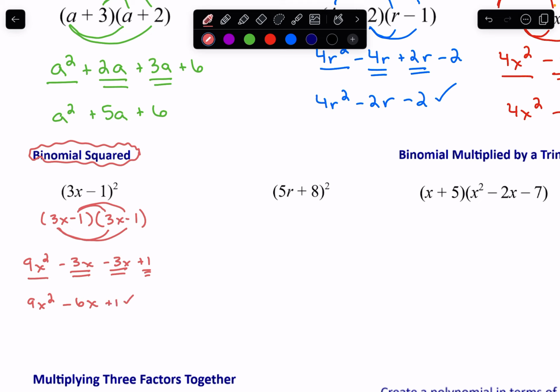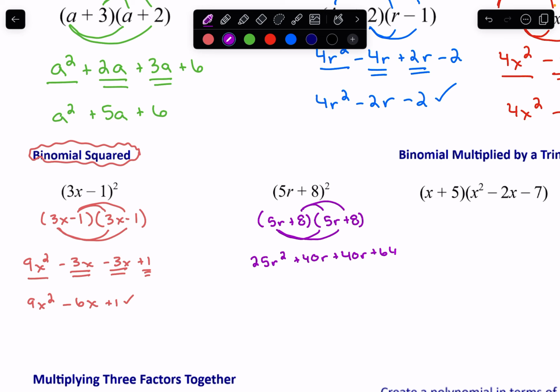Okay? So let's do that again. 5r plus 8 squared. So that just means parenthesis 5r plus 8 multiplied by another 5r plus 8. So 5r times 5r is 25r squared. 5r times 8 is 40r. 8 times 5r is another 40r. 8 times 8 is 64.